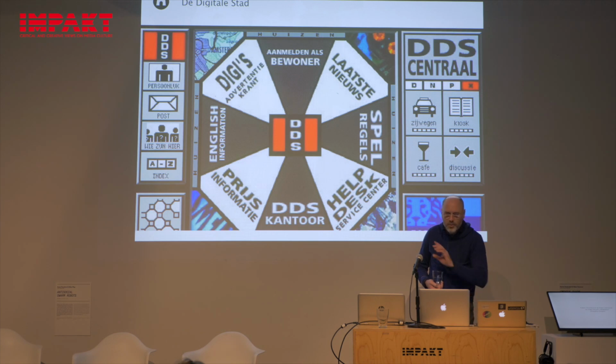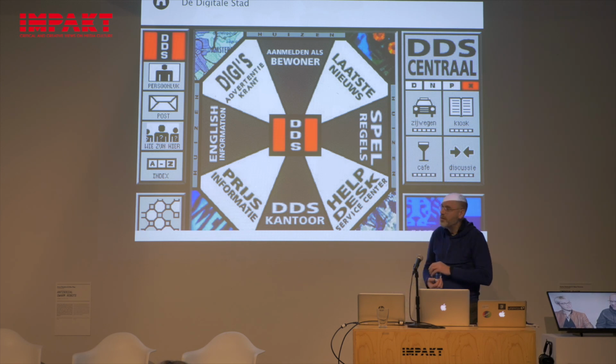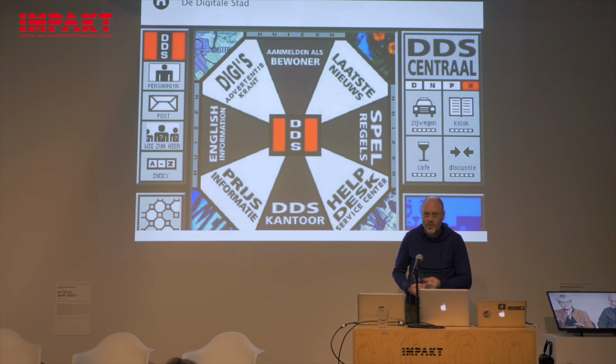We did this project, the Digital City, at the early days of the internet. There were not many websites. It was not graphic. And my director, Marleen Stikker, who is still our director, was one of the initiators of this project, where it really meant democratization of the internet.